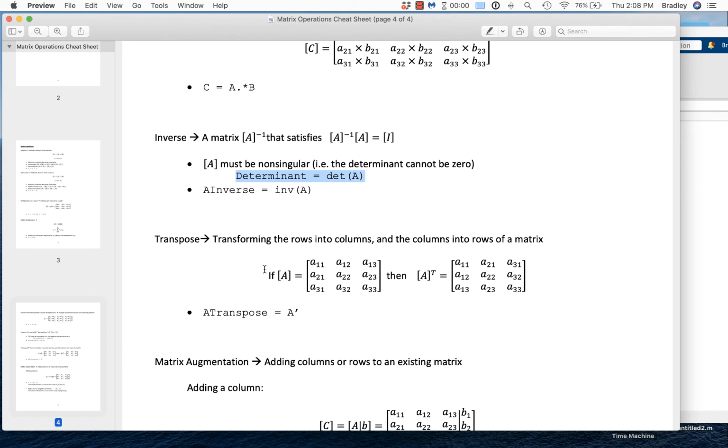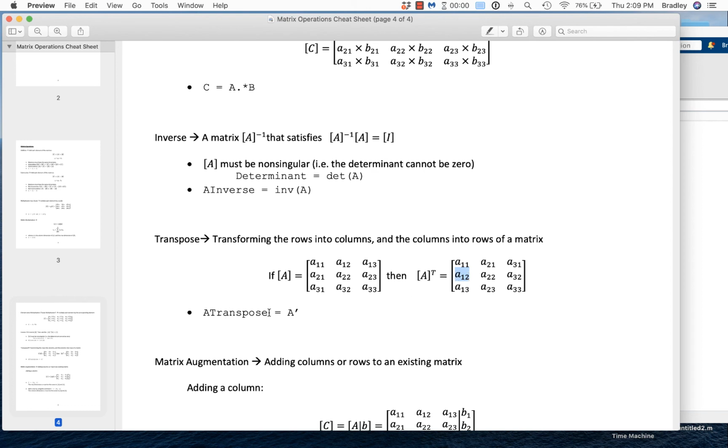Okay, the next operation is called transposition, or the transpose of a matrix, and this is transforming all the rows into columns and the columns into rows. So if we have the elements A11 and A12, our first two elements within the A matrix, then when we do the A transpose, which is a right superscript T, we see that the A12 element that was in A becomes the 21 element, which is now in the A transpose.